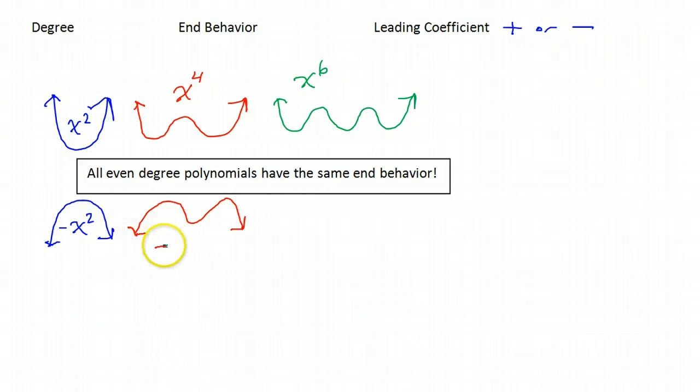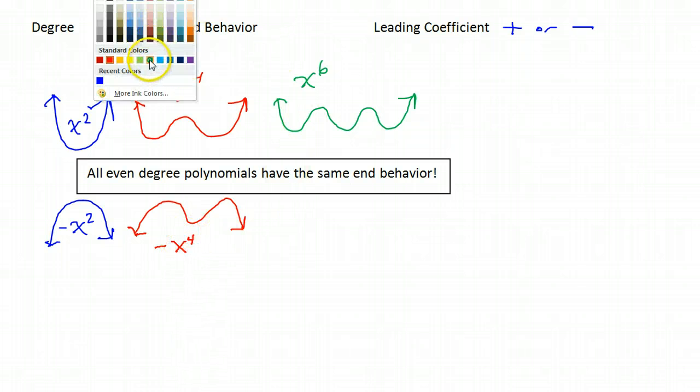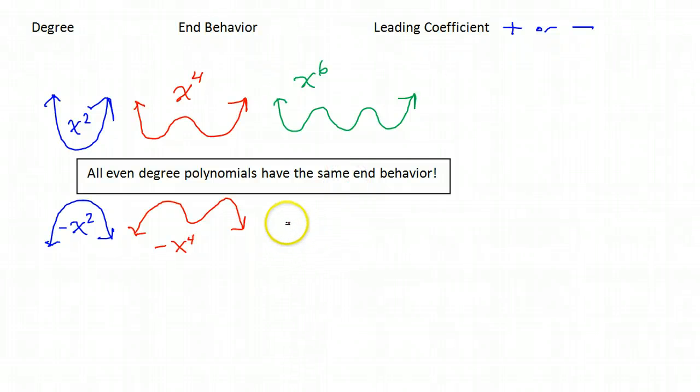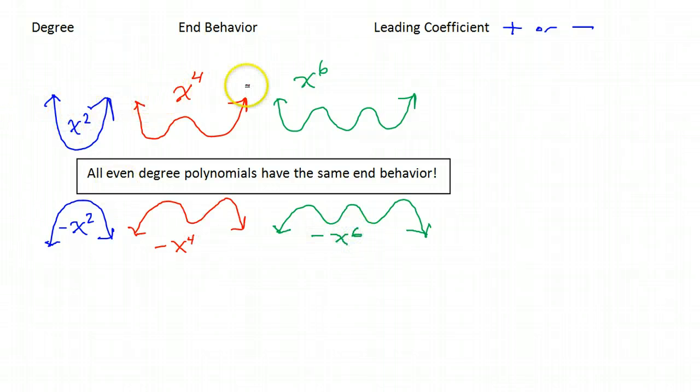So this is what negative x to the 4th power would look like, and this is what a negative leading coefficient x to the 6th power problem would look like. Notice that all of the even powers work the same.